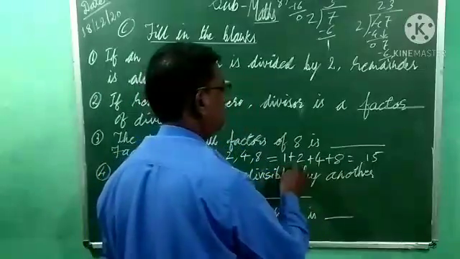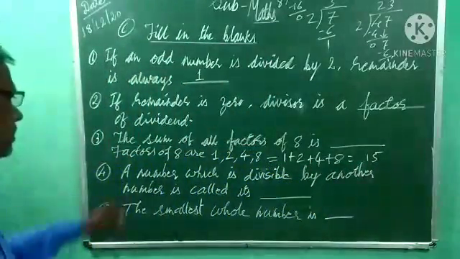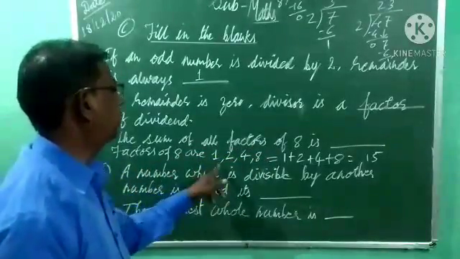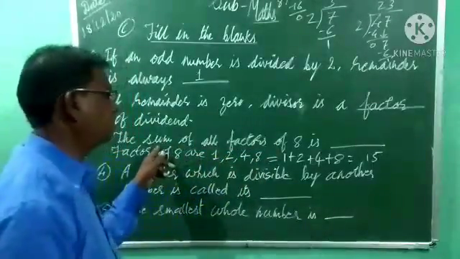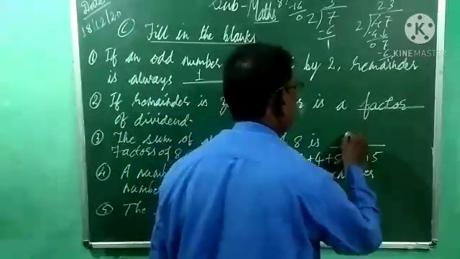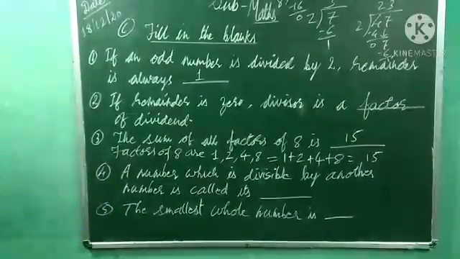Understood? The sum of all the factors of 8: at first we write the factors of 8, 1, 2, 4 and 8. Then we take the sum, 1 plus 2 plus 4 plus 8. How much are we getting here? 15. Understood now? The sum of all the factors of 8 is 15.